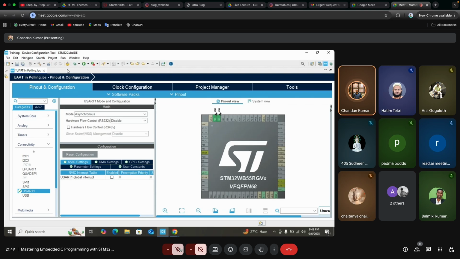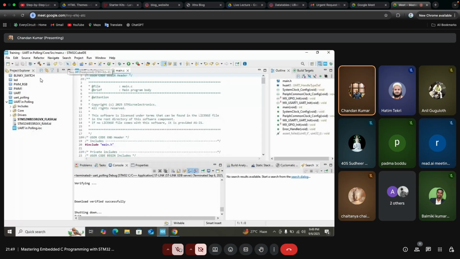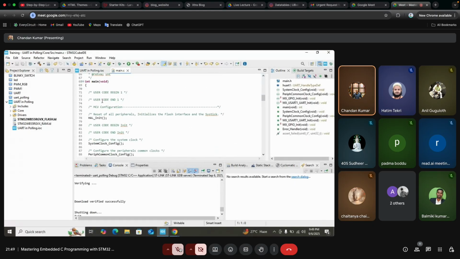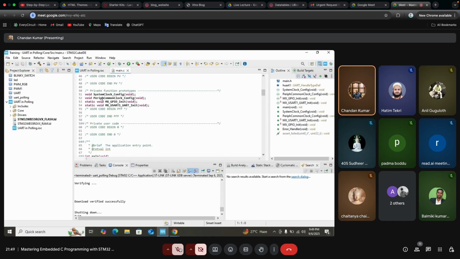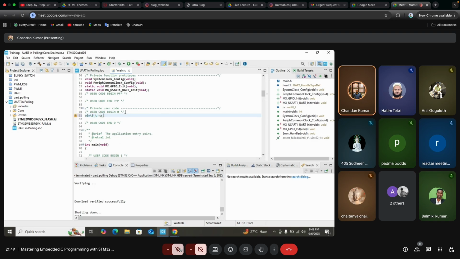Now we will generate our code. This interrupt will come. Here I will take one RX buffer in this.